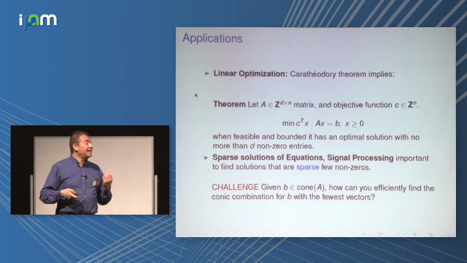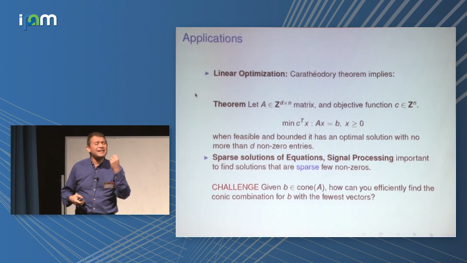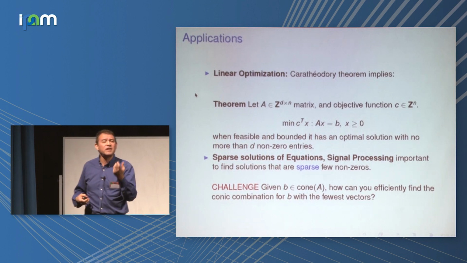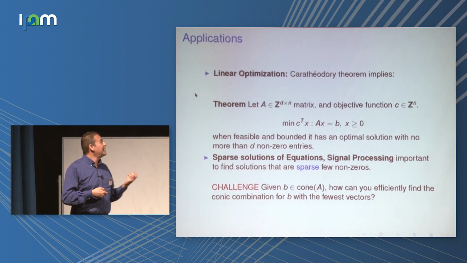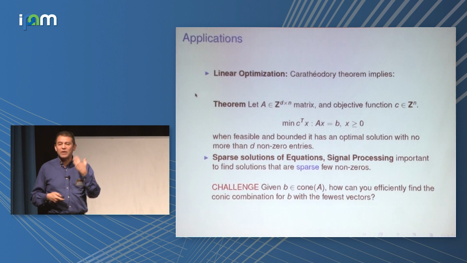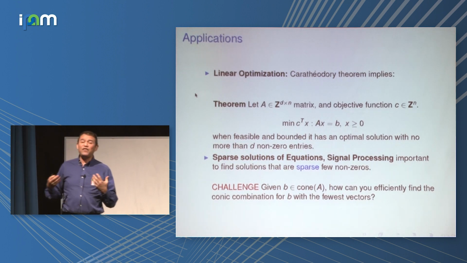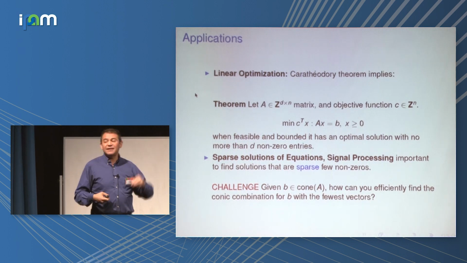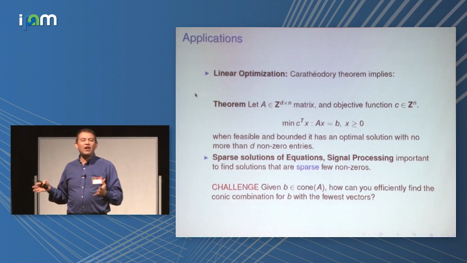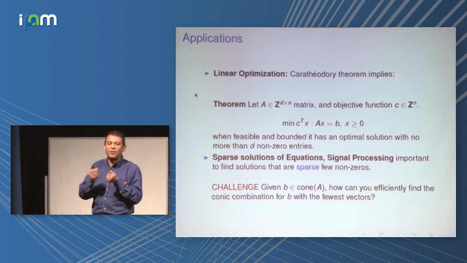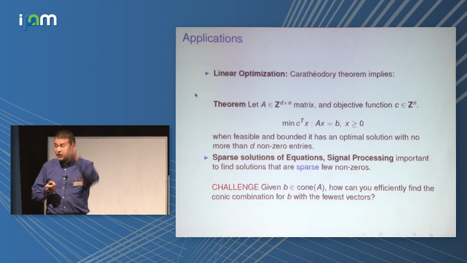And in this case, this question of finding the sparsest solution, finding the minimal representation of an optimal solution, goes to the heart of the applications in signal processing. So you can ask questions: I give you $1,000, but can you please find the solution that uses the fewest possible number of the column vectors?